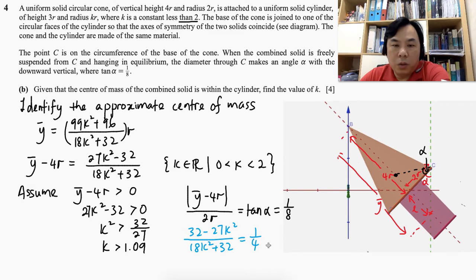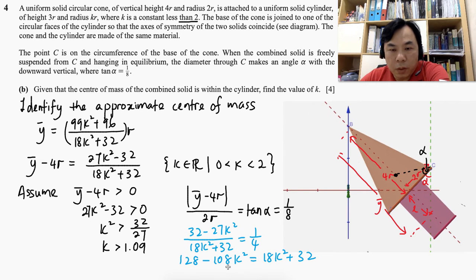And then solving this, let me give it a try. If I try to solve it, I will get, I'm going to write it down here, 128 minus 108k square equal to 18k square plus 32.